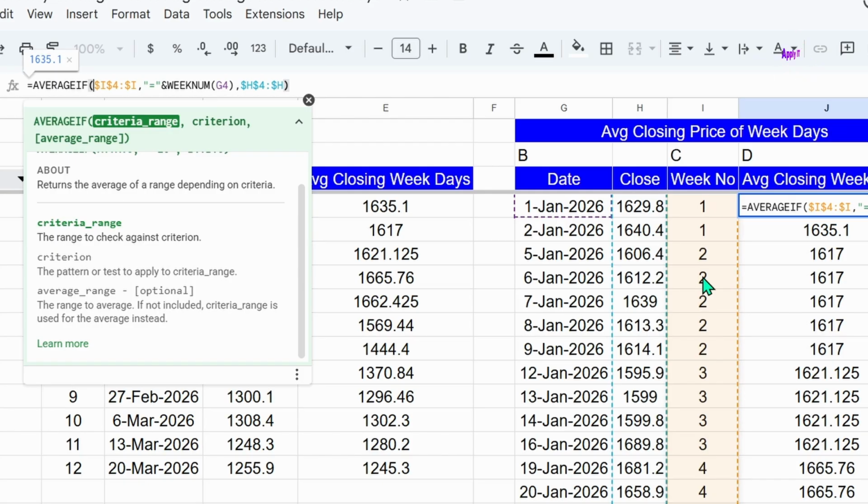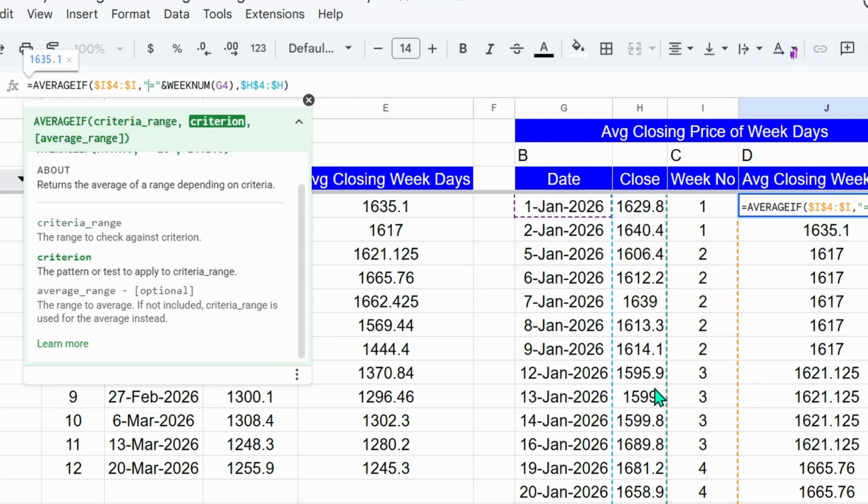To do that we use this AVERAGEIF. We write first the criteria range, that is I4, starting from this I4 till the complete column I. In this criteria range, what criteria do I want to check?